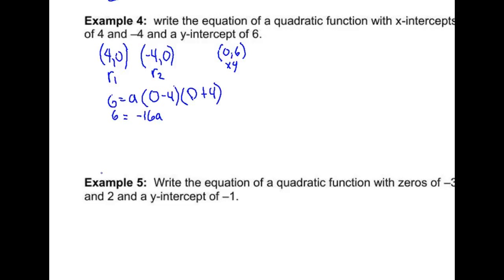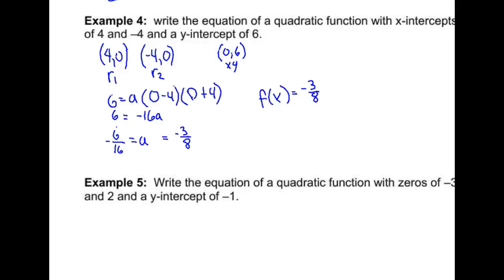We're going to divide both sides by 16, so we have 6 over 16, and it's negative, equals a. We can reduce that fraction to -3/8. So we know that a is equal to -3/8. So all we have left to do is to plug it into the root form of the quadratic equation, which is f of x is equal to a, which is -3/8.